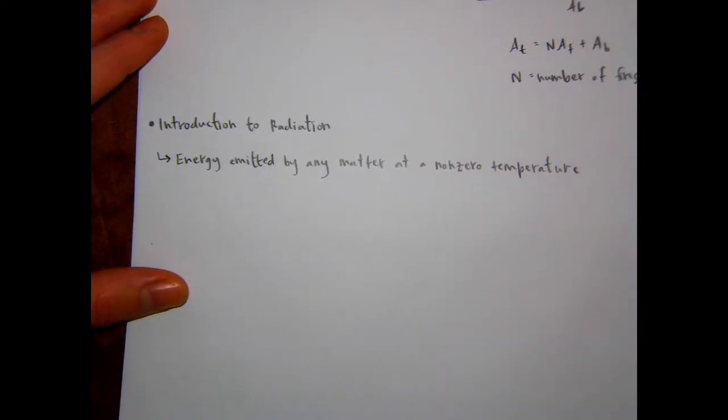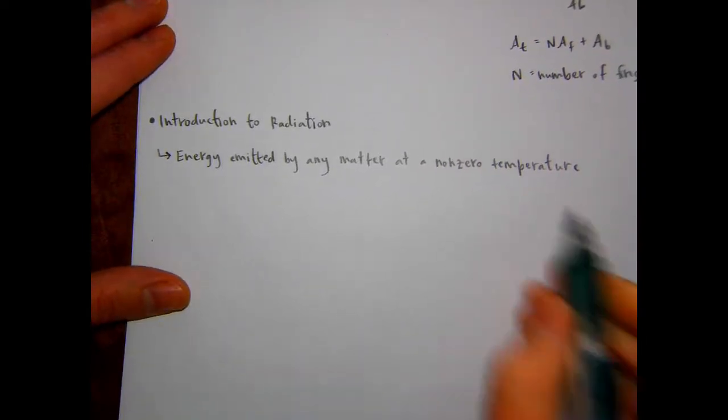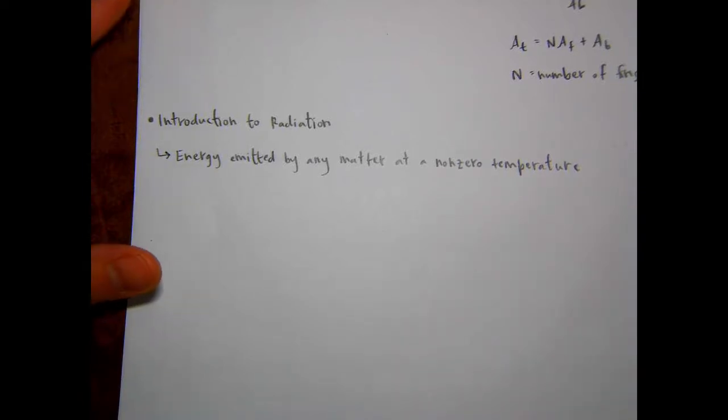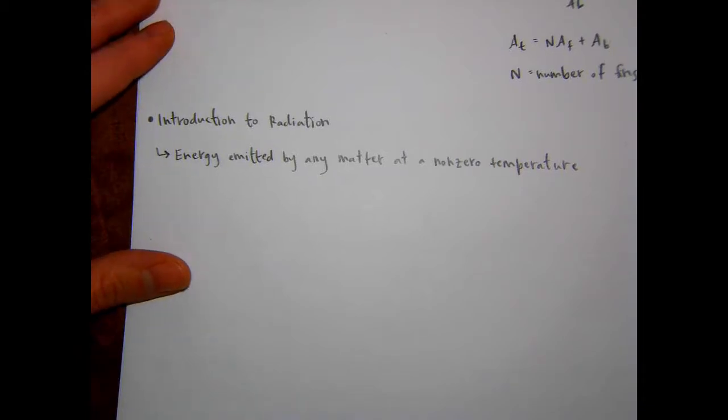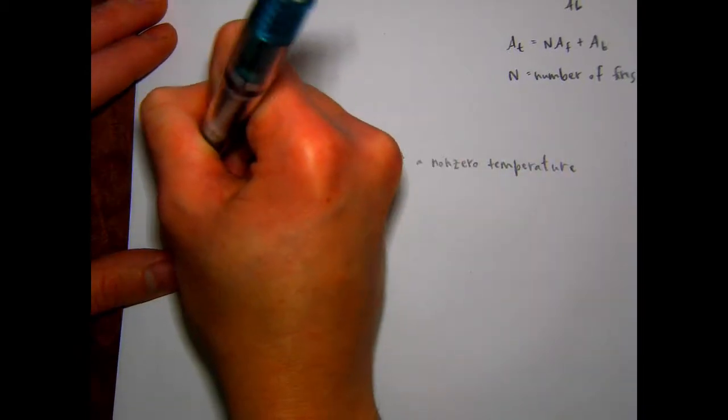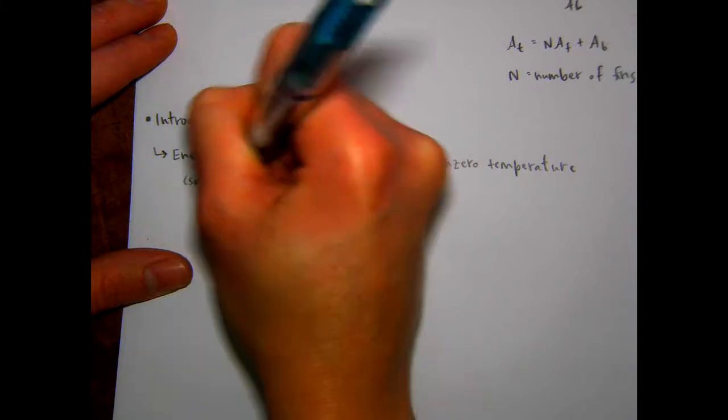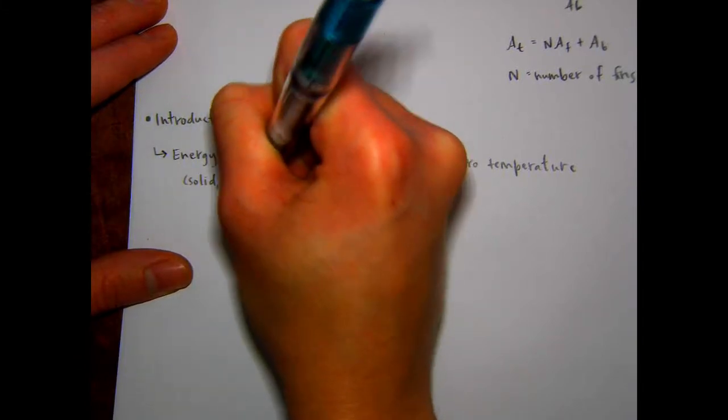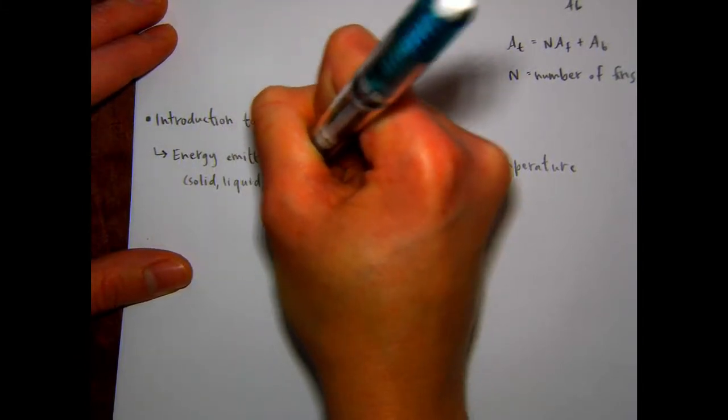So that's pretty much everything. And this is non-zero absolute temperature, so if it's above 0 degrees Kelvin. And that is solid, liquid, or gas, although we'll primarily talk about radiation from solid objects.